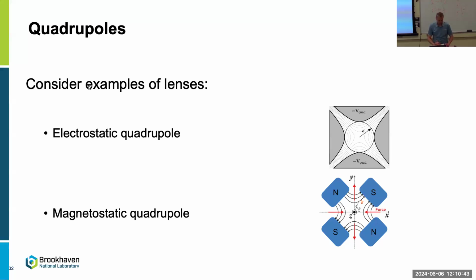So for a quadrupole, let's say that we have a quadrupole that has a cross section like this. I'm going to have four poles like this with four-way symmetry.